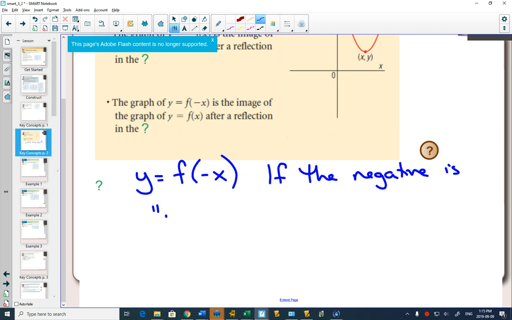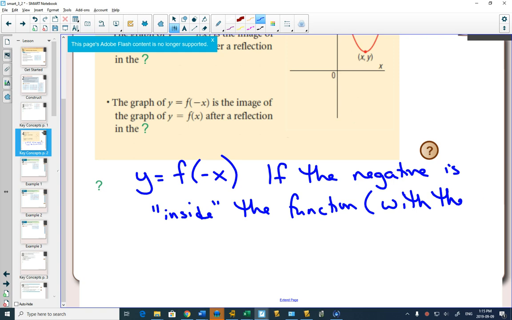and again we're using the same kind of language that we've used so far, if the negative is inside the function. In other words, it is with the x. Do you see that that negative is with the x right now?